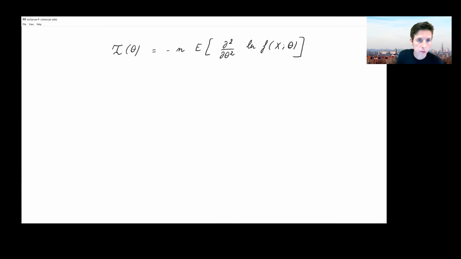And what I can recognize here is there is this minus, we got the expected value here, and what we got here is the second order derivatives of the log likelihood.